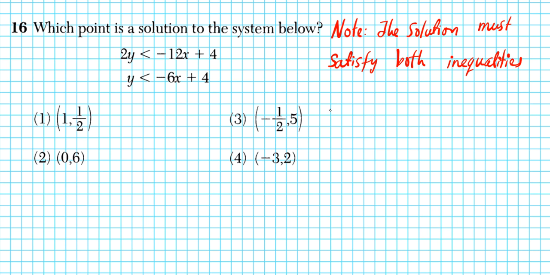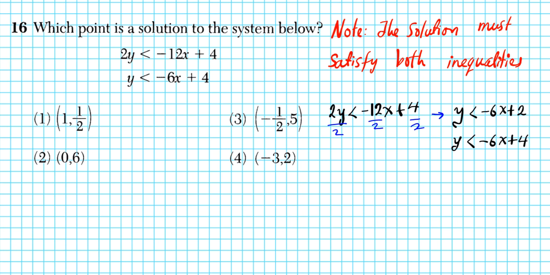We have 2y is less than negative 12x plus 4. I'm dividing everything by 2. The orientation of the inequality doesn't change since we're dividing by a positive number, so y is less than negative 6x plus 2, and then the other, y is less than negative 6x plus 4.